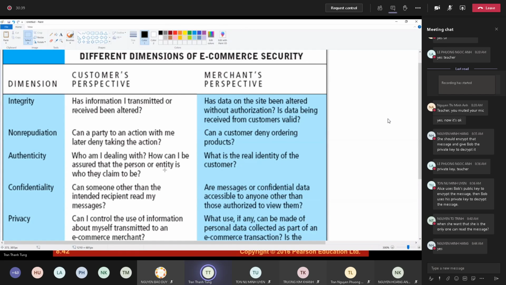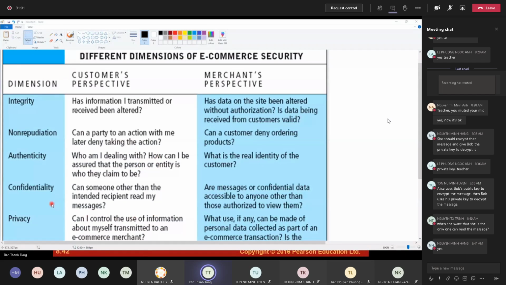You use the private key of Alice to write the message, and if everyone uses the public key of Alice available on the internet and can decrypt the message, it means you can successfully prove that you are Alice. So authenticity means that you can prove yourself.